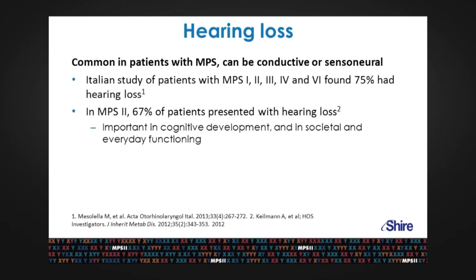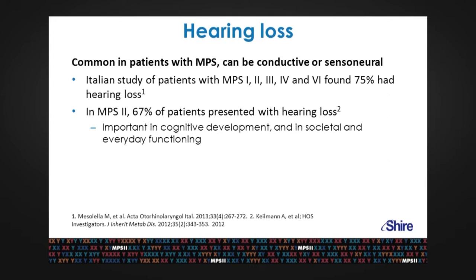Hearing loss is also quite a common problem. Still, we don't know whether it is purely sensorineural or conductive hearing loss. We don't know which part is the most important, but I think it could depend on the type of the disease and the given patient.